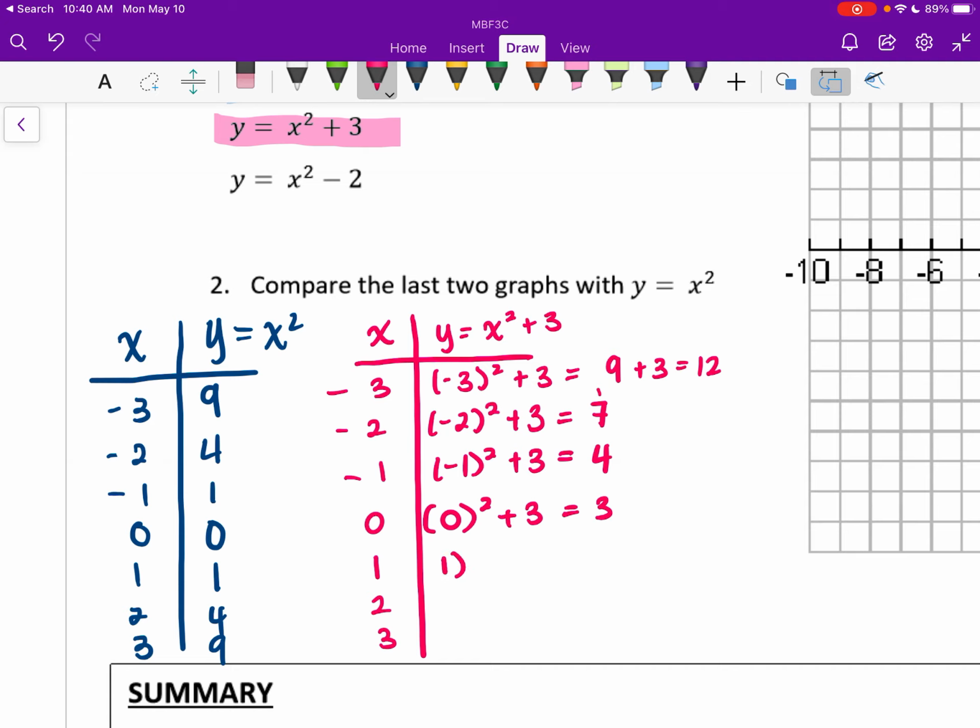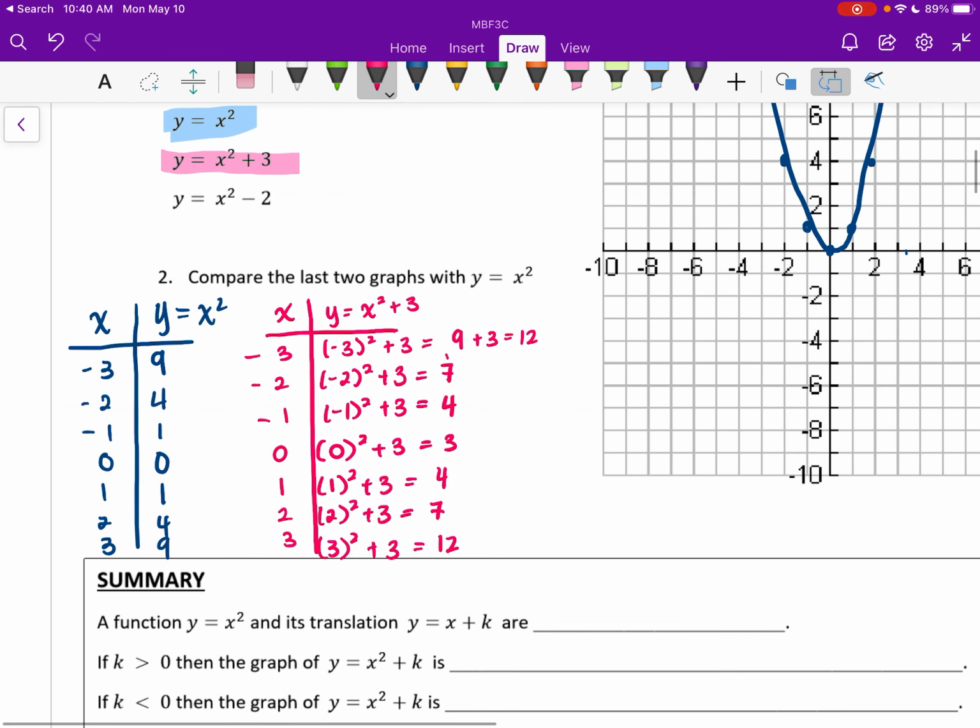Right, 1 squared plus 3. 1 squared is just 1 plus 3 is 4. Then 2 squared, 4 plus 3, 7. 3 squared plus 3. So 3 squared is 9 plus 3 is 12. So now I have these as my points, right?